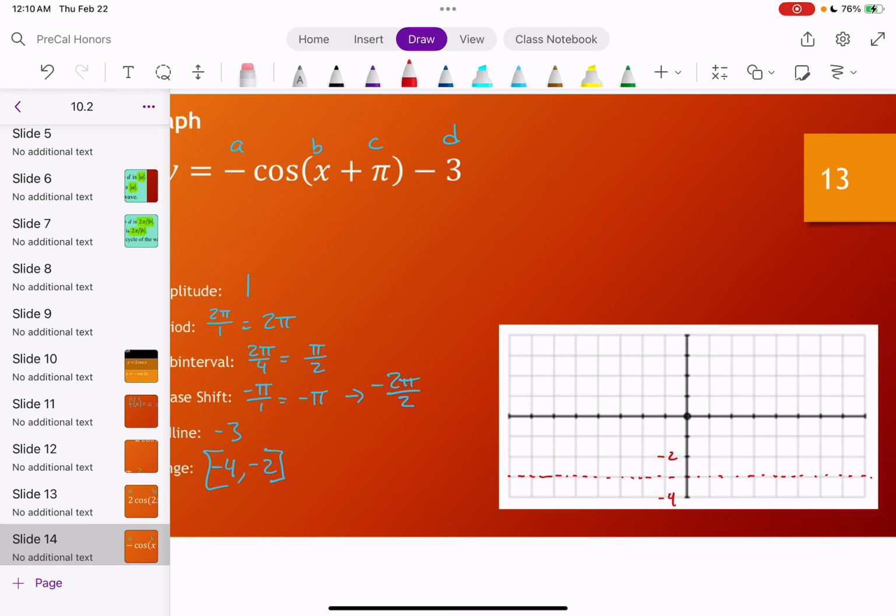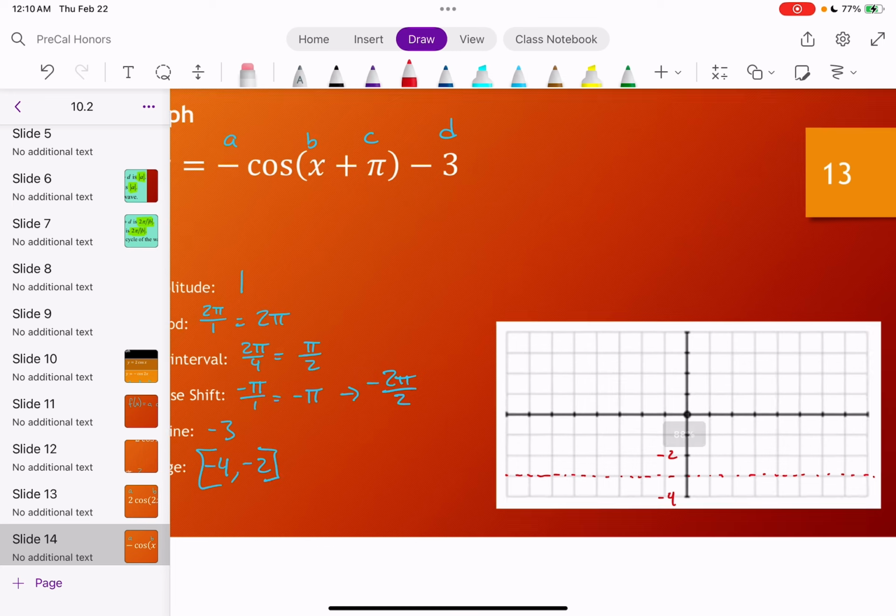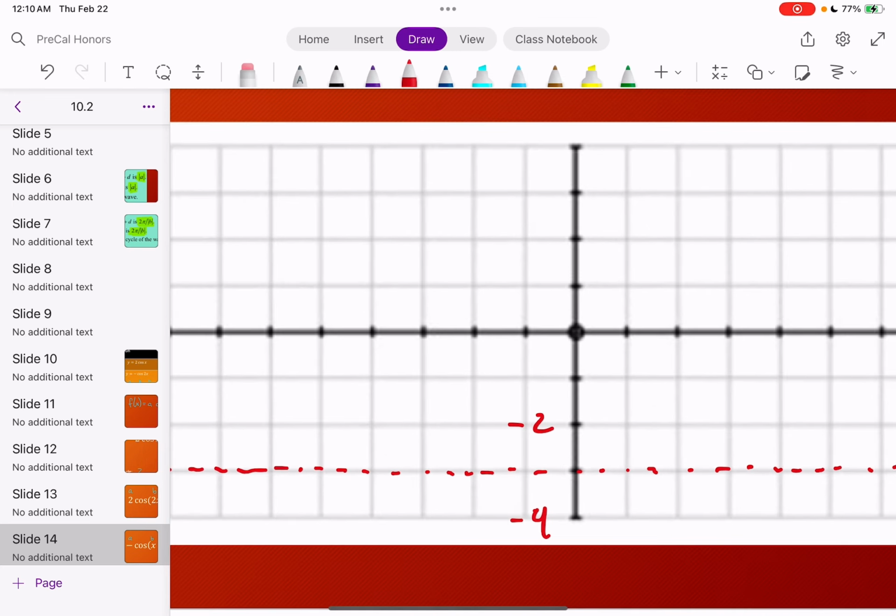We're also going to label out our subintervals at a distance of pi over 2, and we're going to start at a phase shift or horizontal shift of -2 pi over 2. So the easiest way to write this out, this would be our -2 pi over 2, -pi over 2, 0 pi over 2.